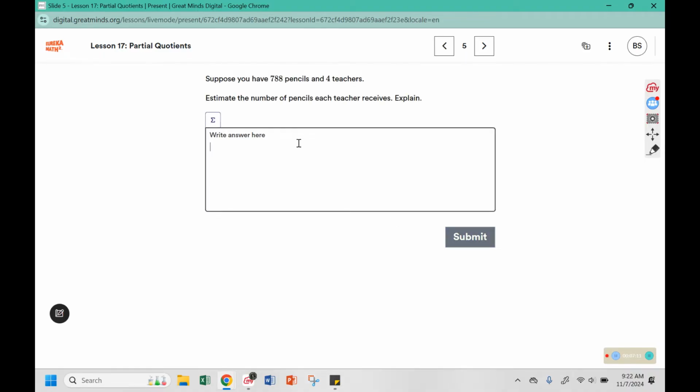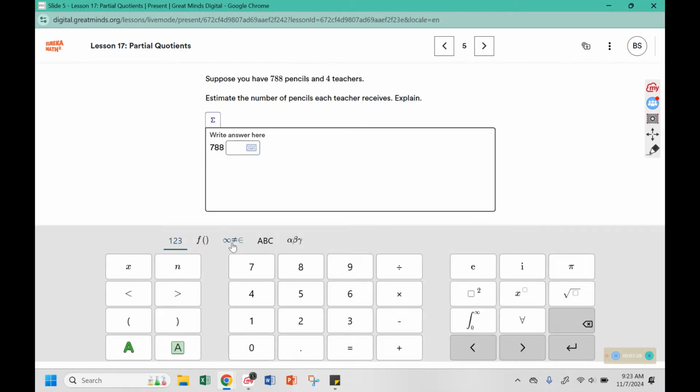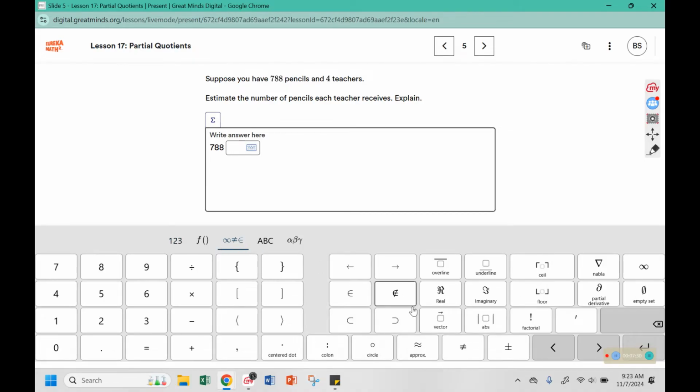Suppose you have 788 pencils and 4 teachers. Estimate the number of pencils each teacher receives. Explain. We are approximating. So 788 is about 800. Let's see if we have that little approximation symbol. There we go. It's about 800.